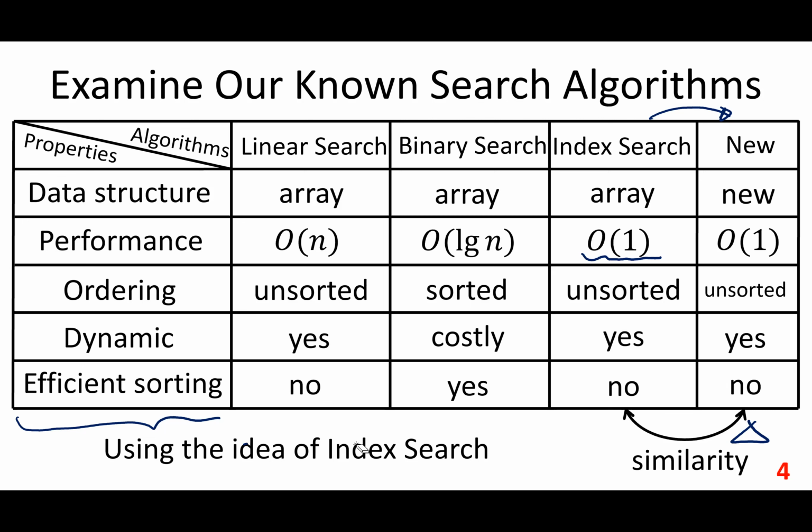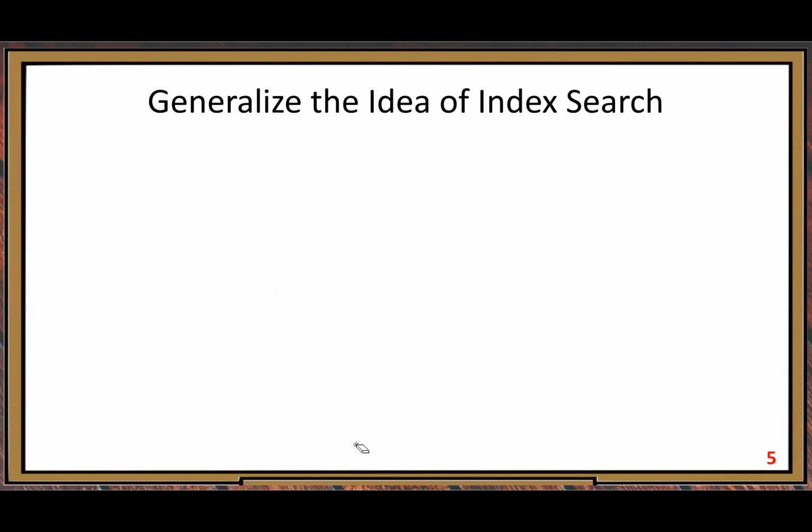But I feel that although it's simple, its idea is still very important. And hashing, we can borrow this idea. We know hashing is a very important search algorithm. Generalize the idea of index search.